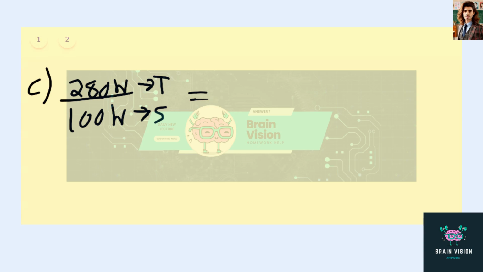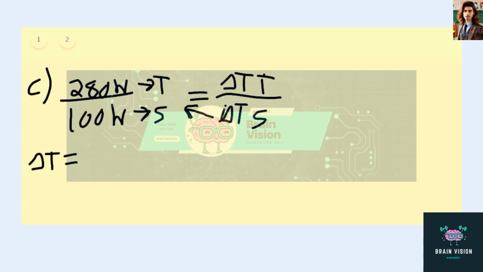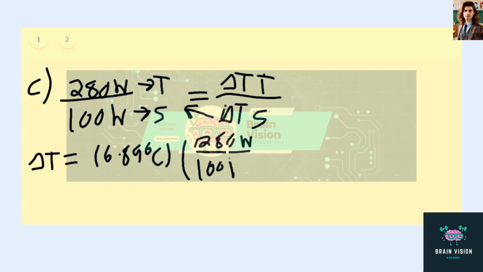So this is going to equal our delta T during a test over our delta T during sitting. And then if you solve this equation for delta T, you just multiply this over. And that leaves us with delta T is equal to 6.89 degrees C times 280 watts over 100 watts.